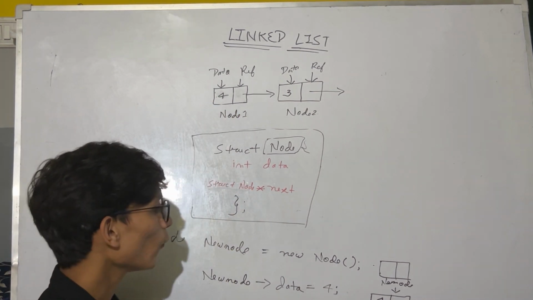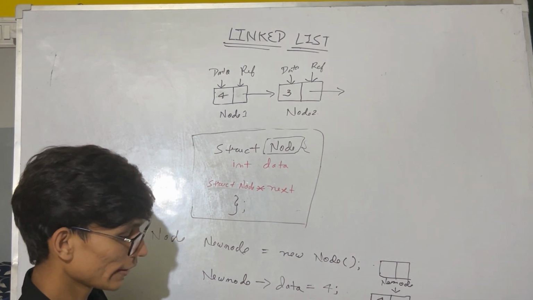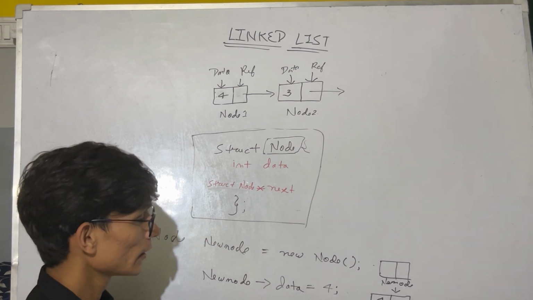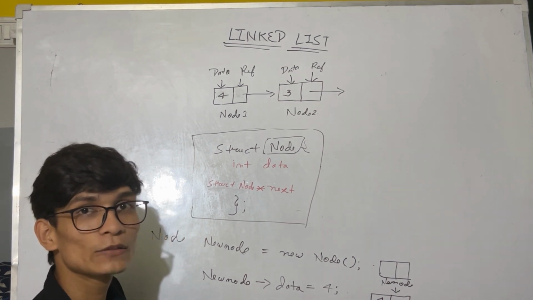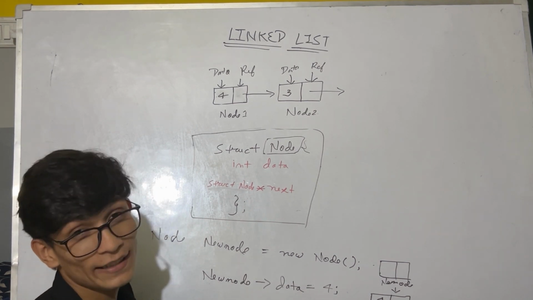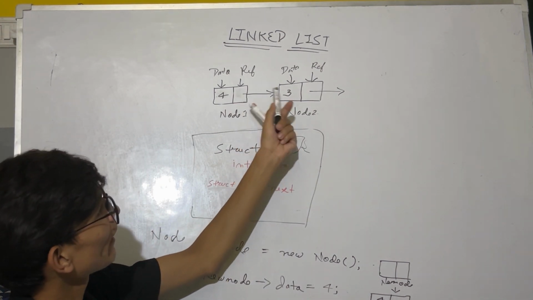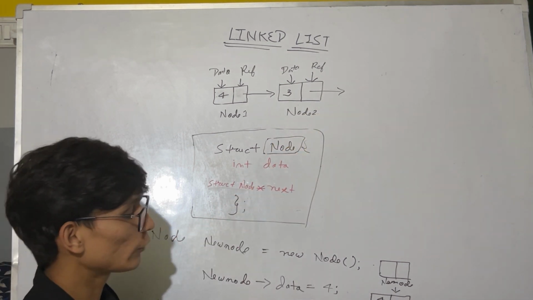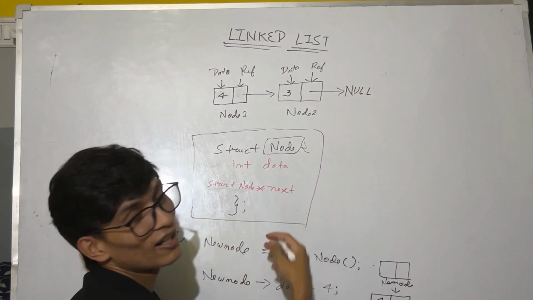Now we just want to fill this part as well. Inside this we can fill the reference of the next node, if there is any node after that. If there is nothing after that, it will be pointing to null. Null means there is nothing after that.